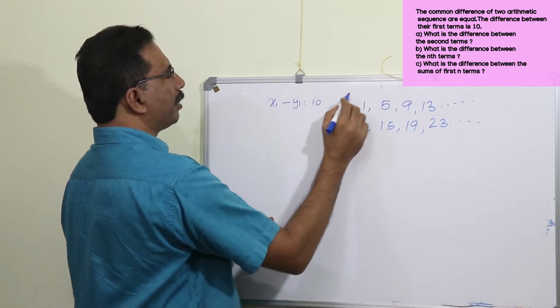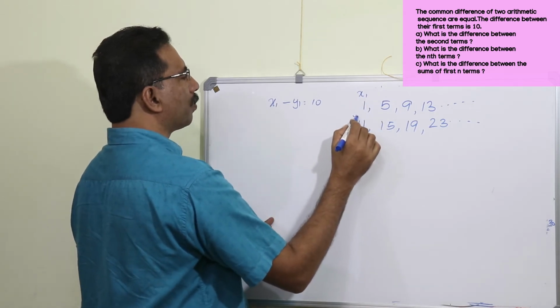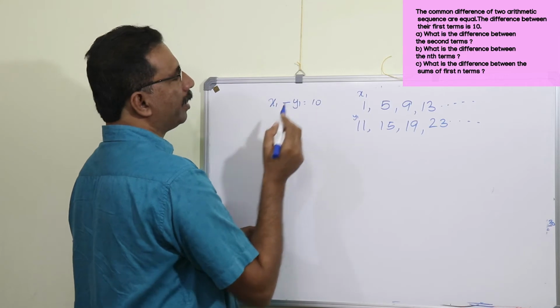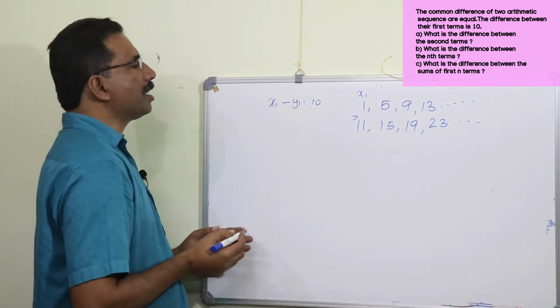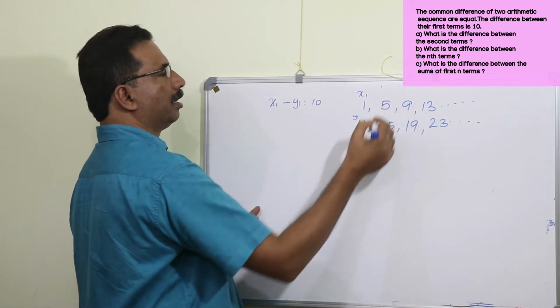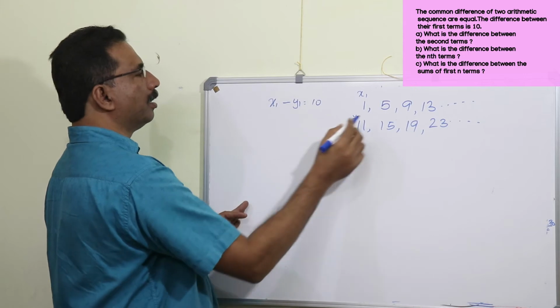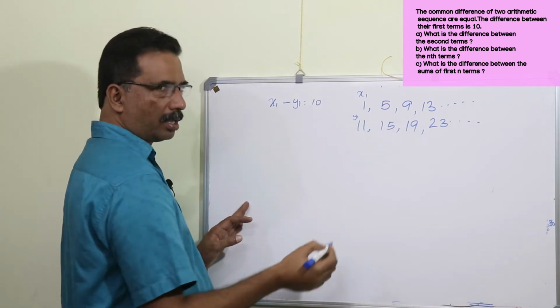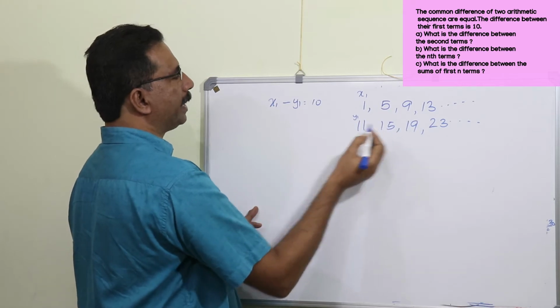Let us take the first term of this sequence as x1 and the first term of this sequence as y1. Then x1 minus y1 is equal to 10. The first question is, what is the difference between the second terms? We know that the difference of the second terms is also the same. That means 15 minus 5 is equal to 10.